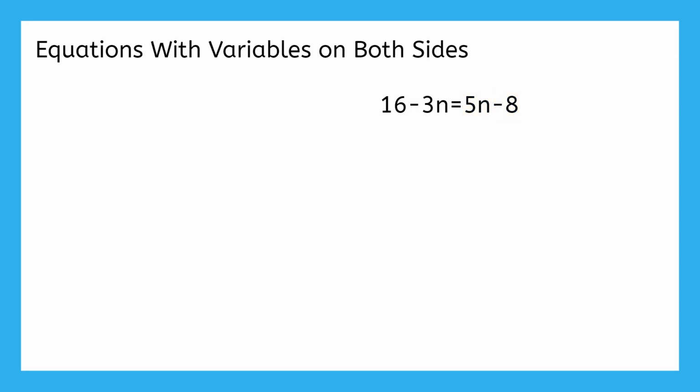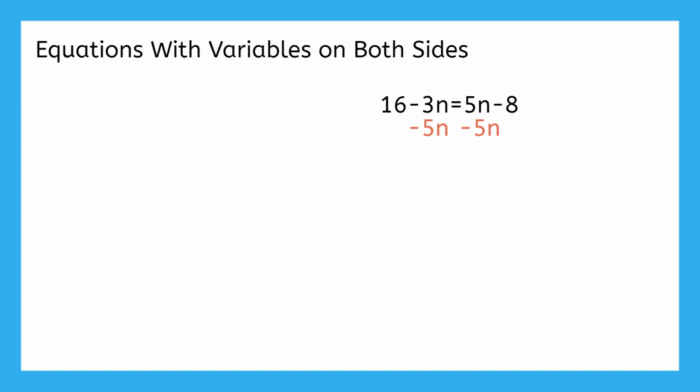When we focus on just the 5n and the fact that it's a positive term, we can see that the inverse would be negative 5n. So what operation do you think would represent a negative 5n? Subtraction. So we actually want to subtract 5n from both sides.